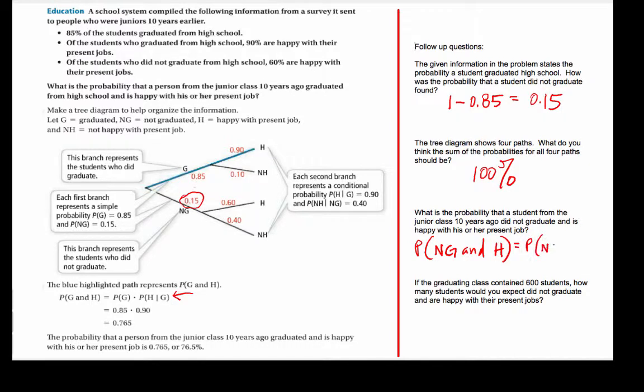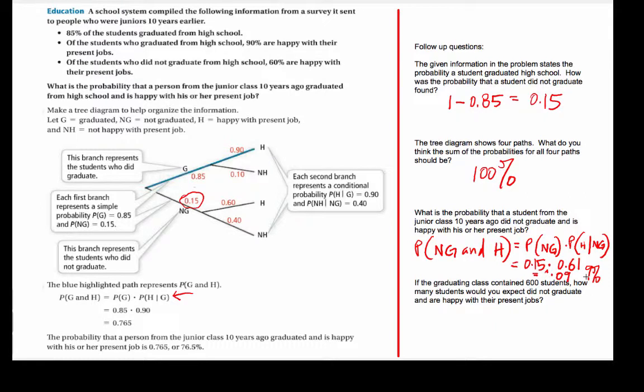The probability not graduated, we multiply by the probability that they're happy given that they did not graduate. Those two values are 0.15 times 0.61, and that is 0.09. So that's about 9%. That's the probability.